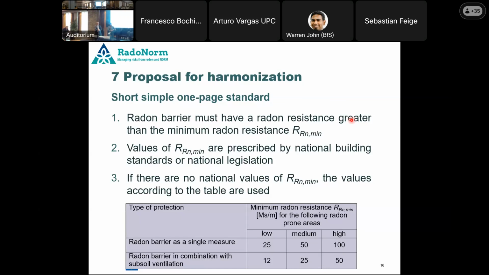And the third paragraph: if there are no national values of minimum radon resistance, the values according to the table below are used. So we have significantly simplified the Czech table. The minimum radon resistance is chosen depending on the category of radon risk of the foundation source, or radon-prone areas, because each country has its radon map. So the radon categories are known. Why not use them?